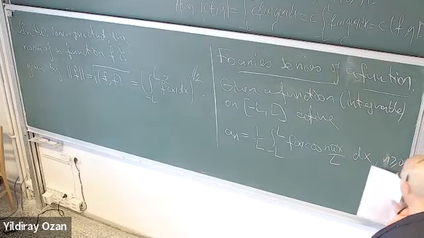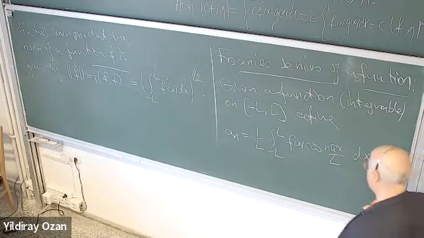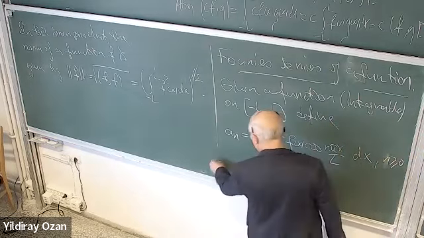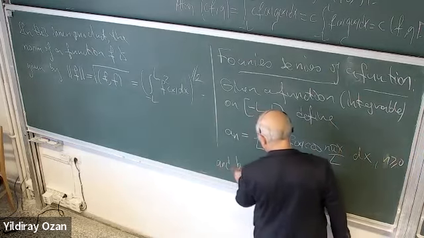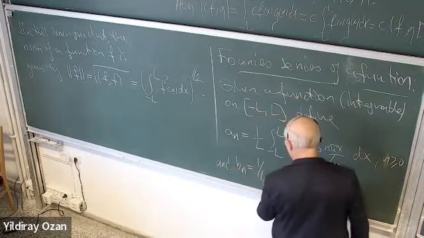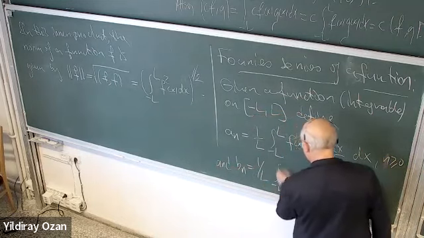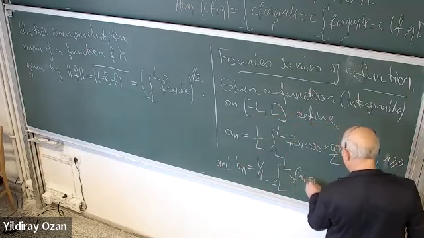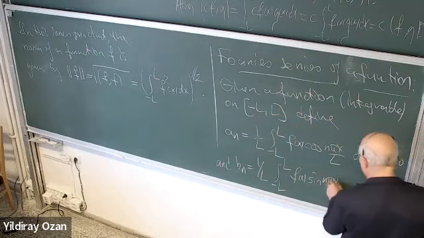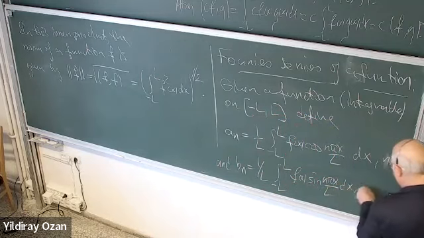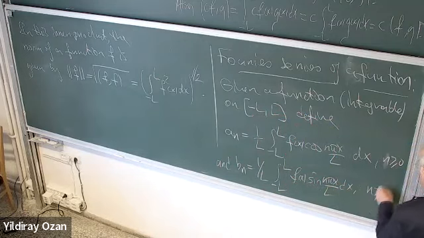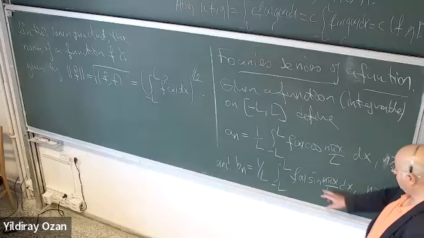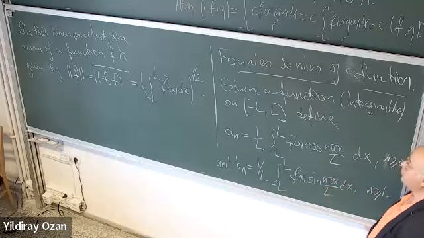So n is any integer larger than or equal to 0. And bn, 1 over L integral from minus L to L f of x sine n pi x over L dx. Here I assume n is at least 1 because if you plug n equals 0, this is 0, okay?